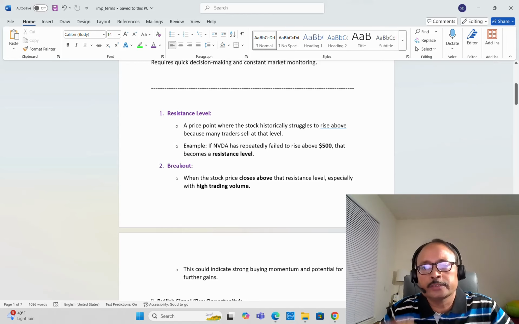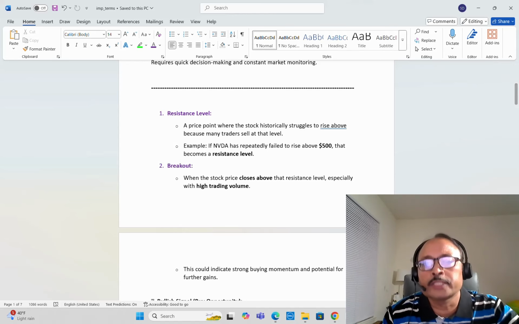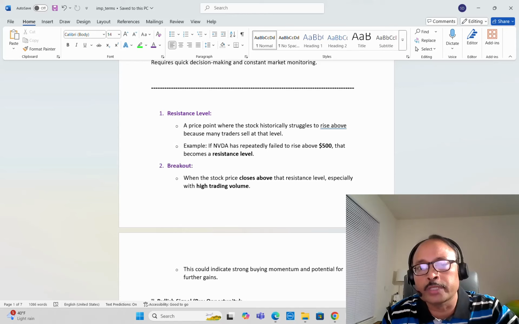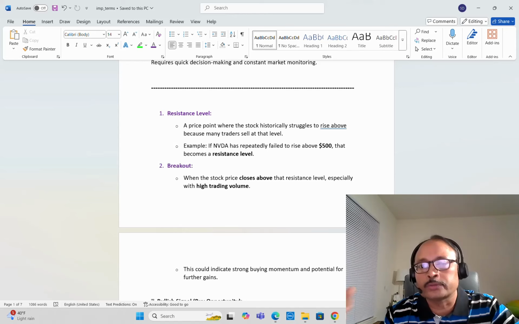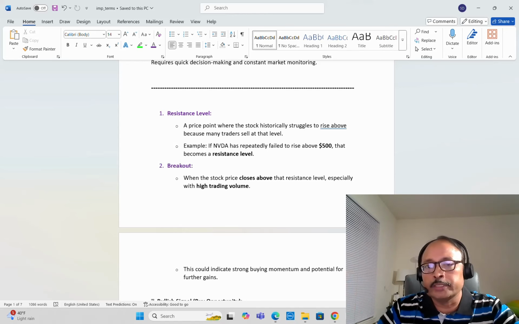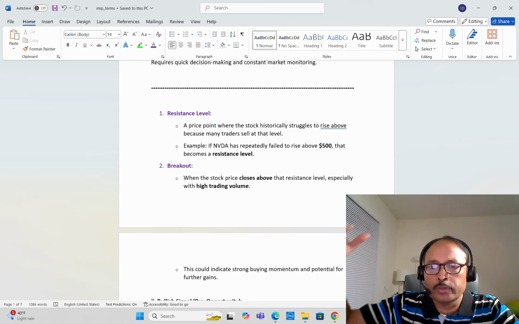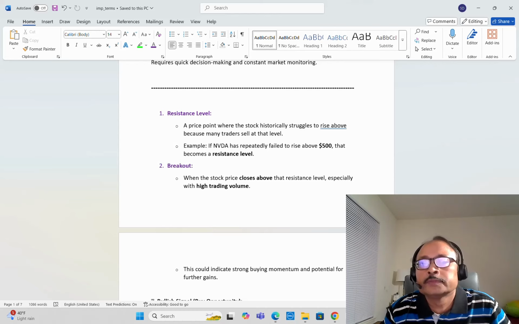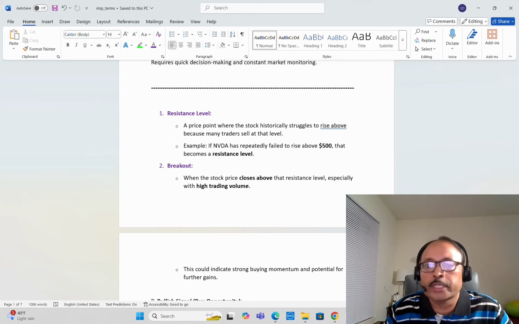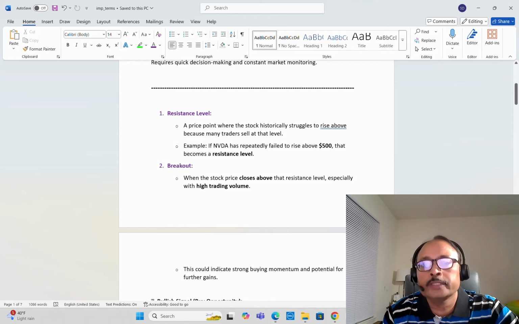Resistance level is the price point where the stock historically struggles to rise above, because many traders sell at that level. It can go up to that maximum price point only, and historically struggles to rise above it.